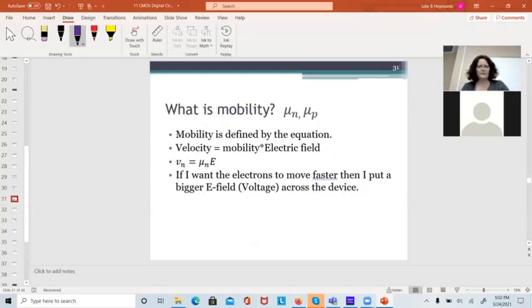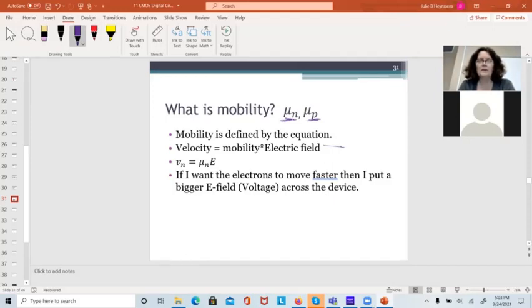I added this morning: what is mobility? It's usually written as a mu. So there's an N-type mobility and there's a P-type mobility. And mobility is defined by this equation. If I put an electric field on the device, what is the velocity of the carriers? And we're talking about electrons.